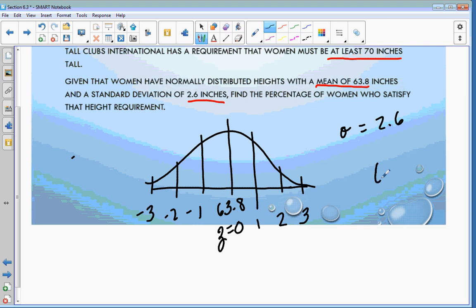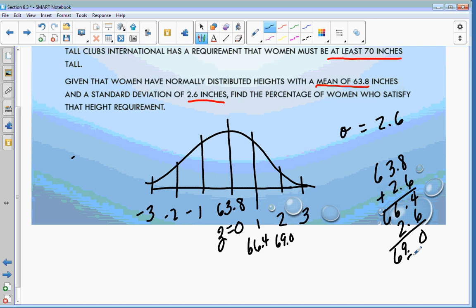All we're doing is saying 63.8, we're going to add 2.6, 66.4. We're going to add 2.6 again and get 69.0. We're going to add 2.6 again, and 3 standard deviations away would equate to a woman being 71.6 inches tall.